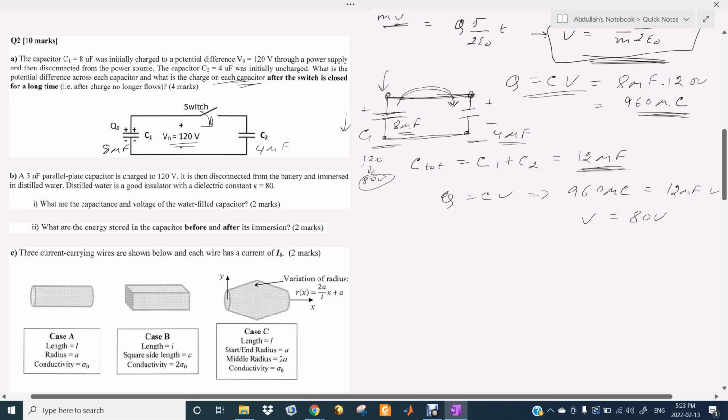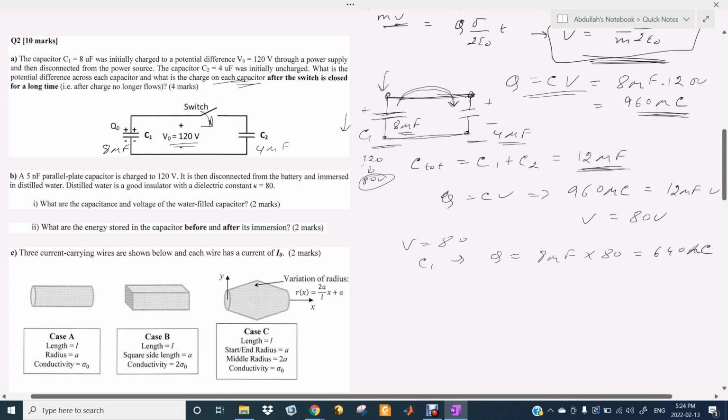So now, what's the new amount of charge stored inside C1 and C2? Since the potential has become 80 volts for C1, your Q would be 8 microfarad times 80, so that's 640 microcoulomb.